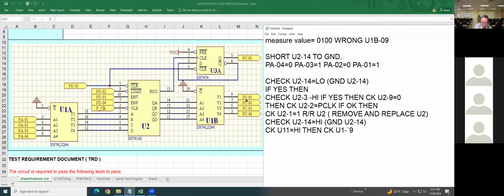Correct? Yep. Pin 19, you want it to be low. Okay? If yes, you want.